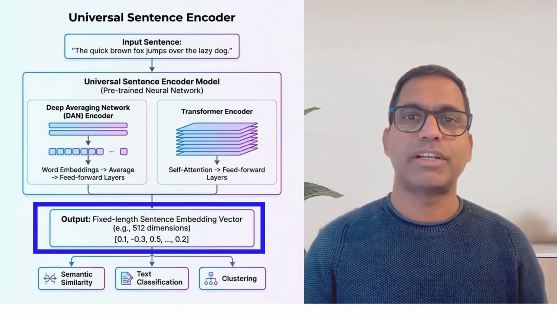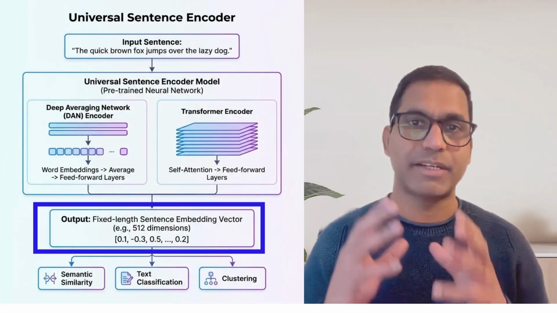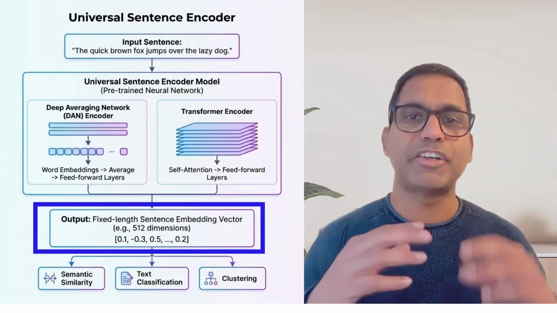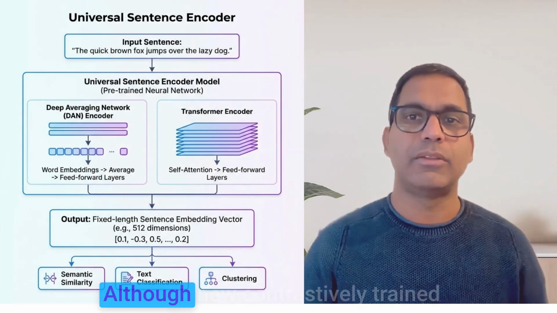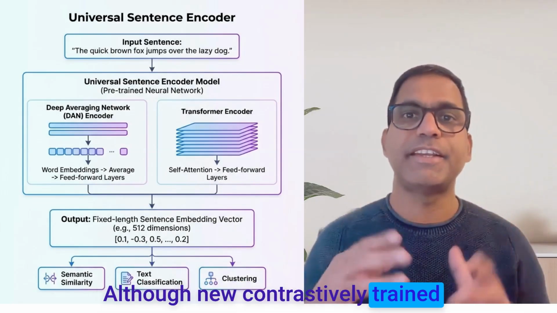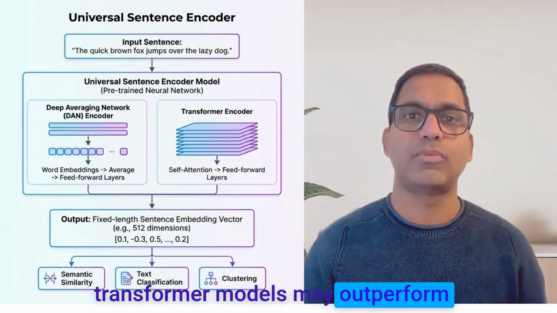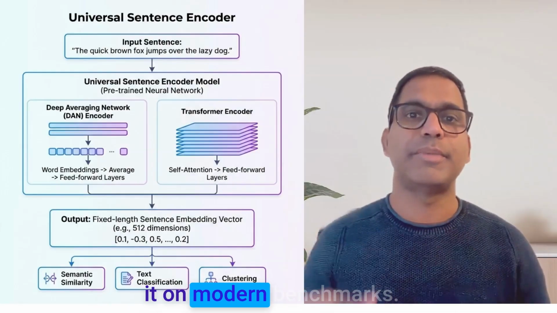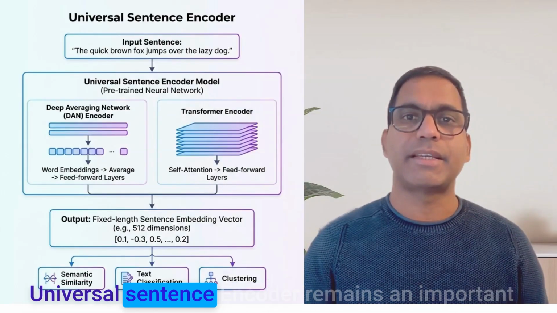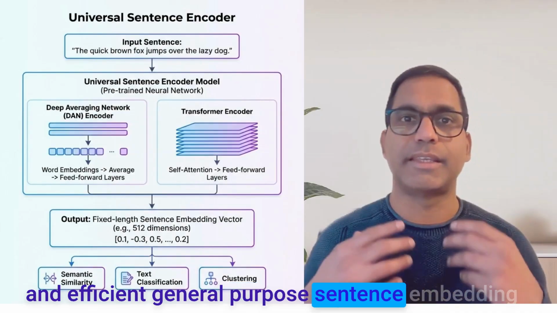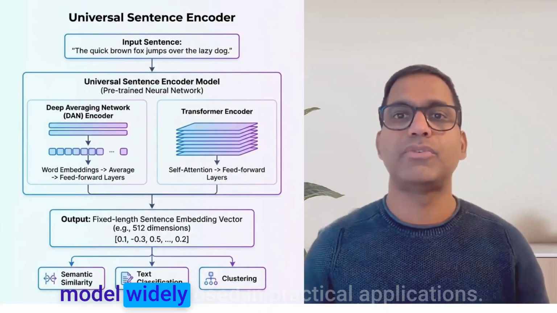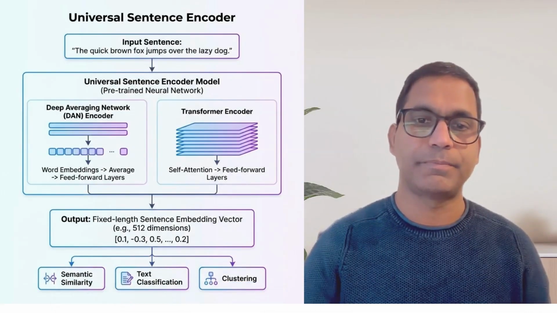Universal Sentence Encoder typically generates 512 dimensional vectors, allowing similarity to be measured using cosine similarity in vector space. Although newer contrastively trained transformer models may outperform it on modern benchmarks, Universal Sentence Encoder remains an important and efficient general purpose sentence embedding model widely used in practical applications.